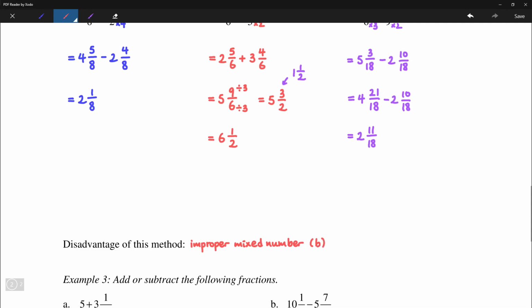In example C, we needed to borrow 1. Whereas if we change all mixed numbers to improper fractions and then add or subtract afterwards, we wouldn't run into the problems from examples B and C.